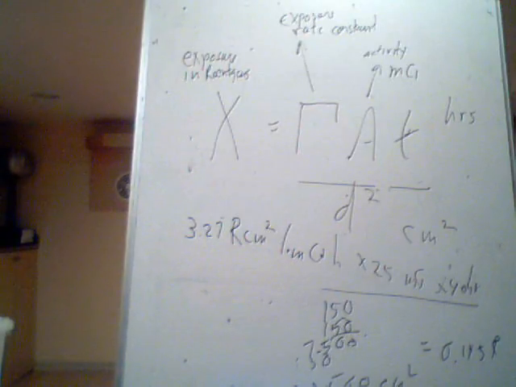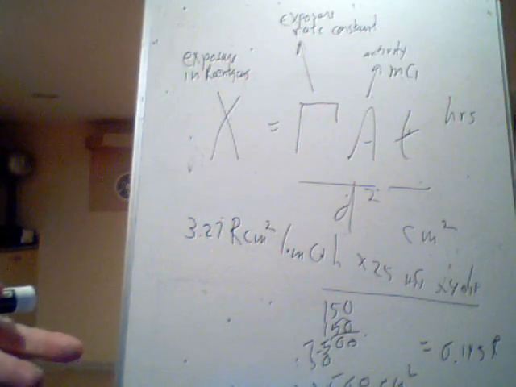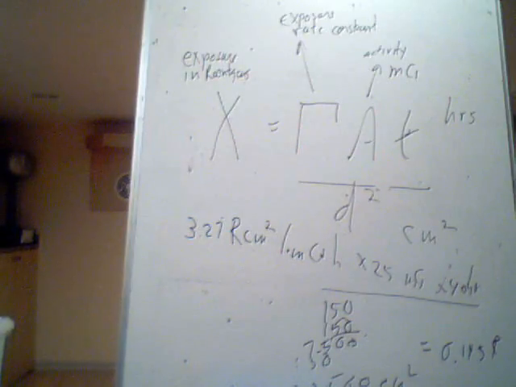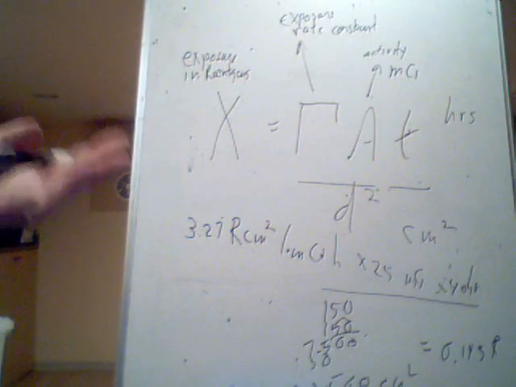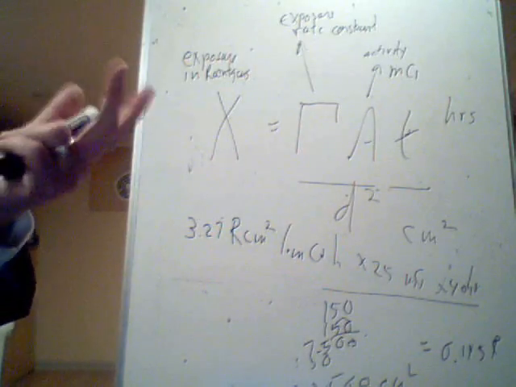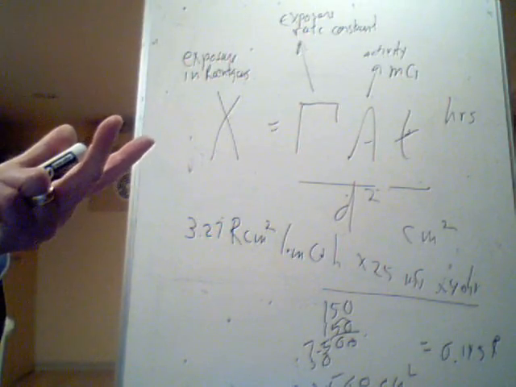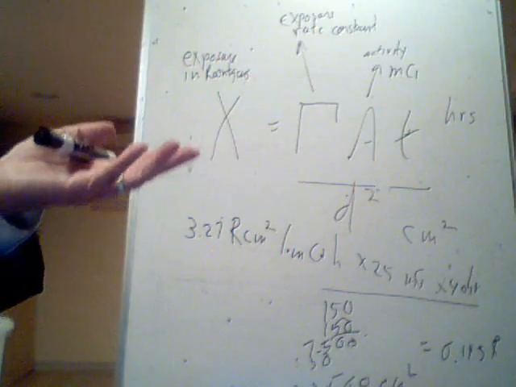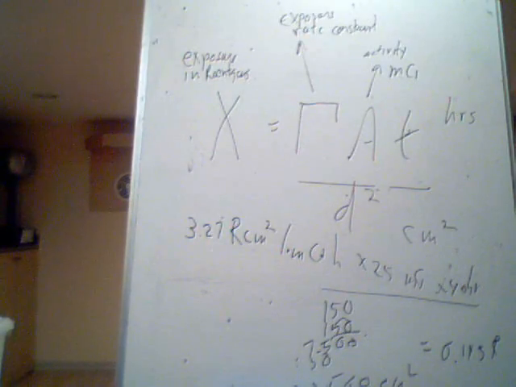So this is equivalent to 6.2 half value layers. We can also do this as tenth value layers, and we find that it's equivalent to 1.8 tenth value layers. So that's 1.8 times the thickness we need to reduce the value to 1/10, that is, from 145 to 14.5.